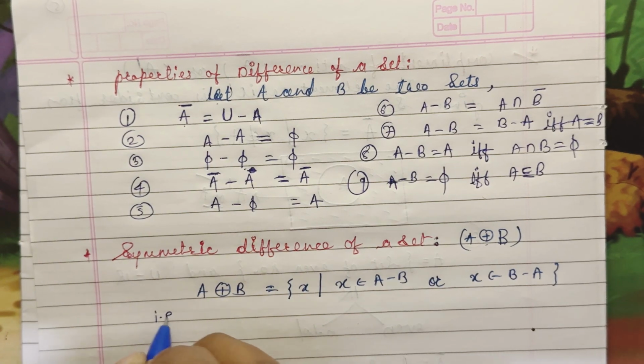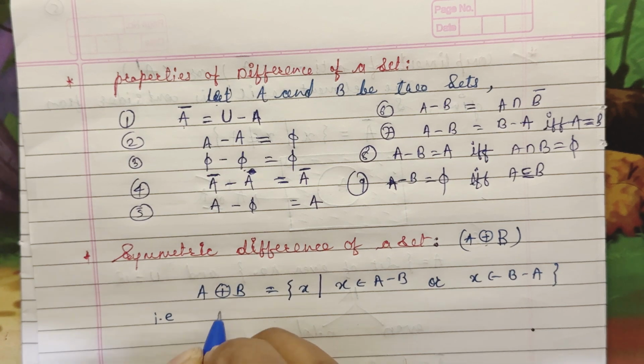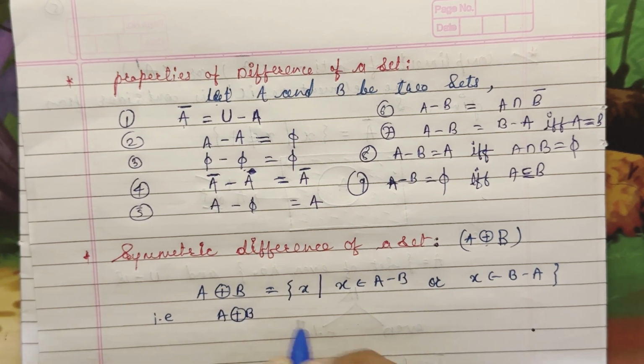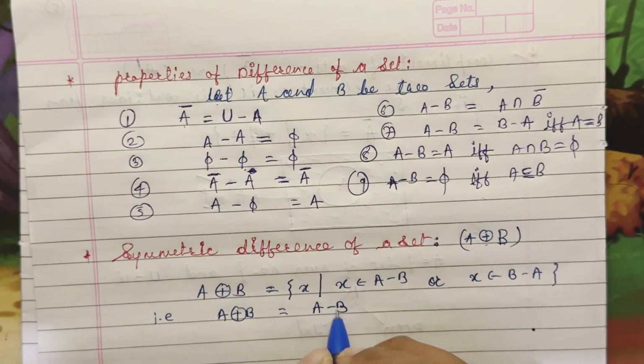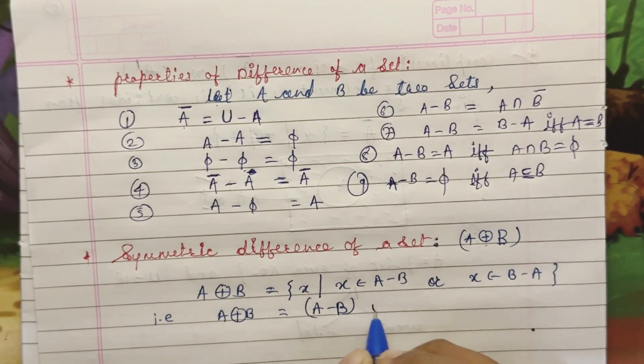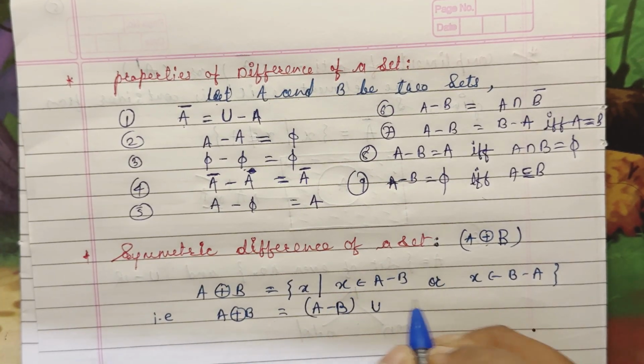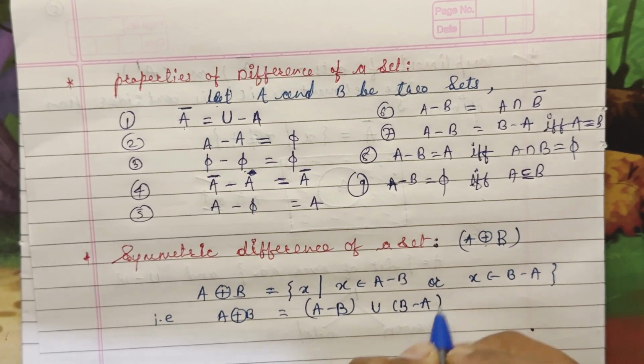In simple words, we write A direct sum B as A minus B union B minus A.